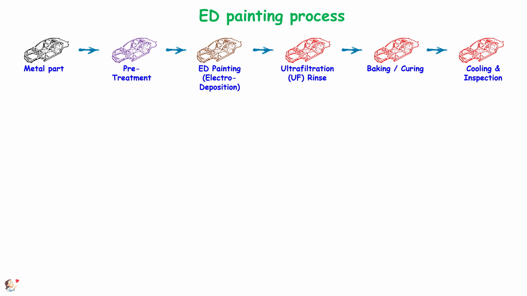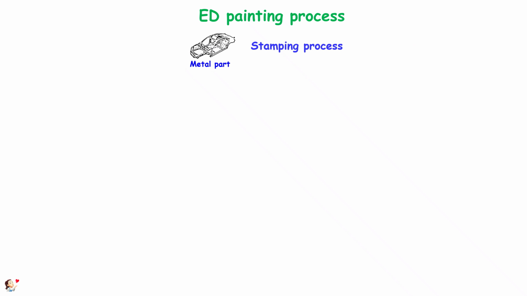You might be wondering why I included metal part here, even though it's not part of the ED painting process. That's because I want you to understand the secrets that no one else wants to share with you. The metal part is the component that needs to be painted. ED painting is only applicable to metal parts, remember this.